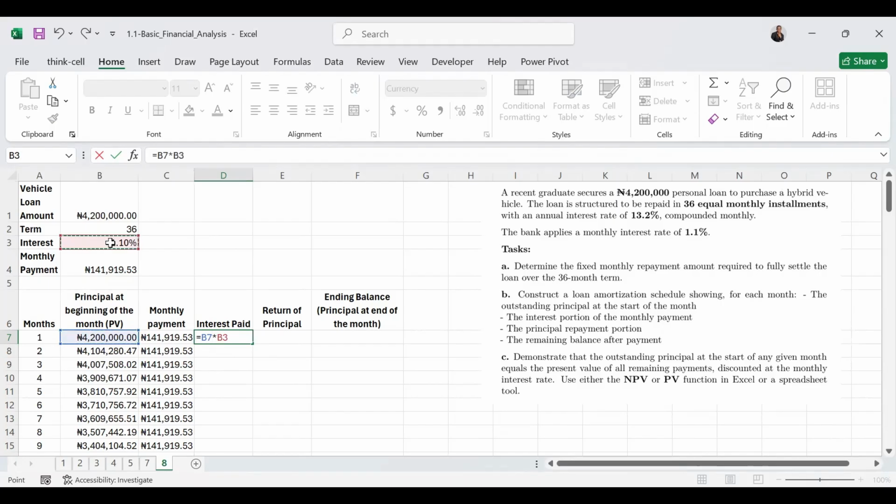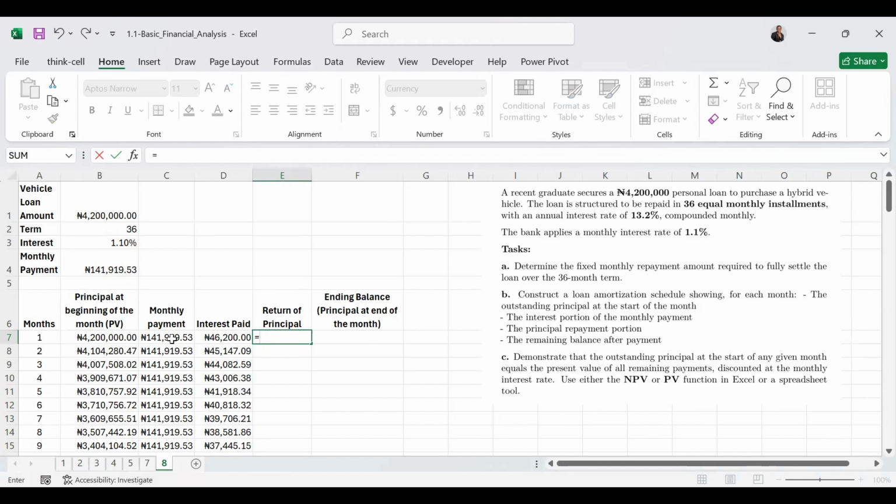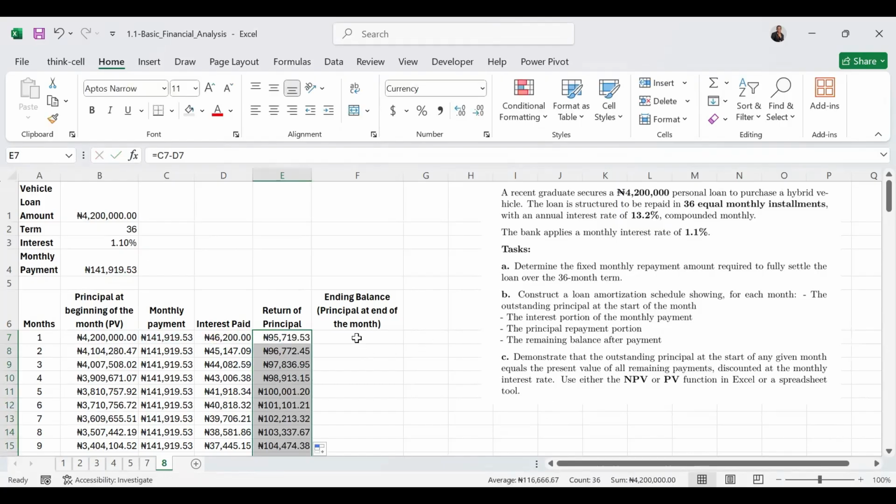So I'll make this interest rate absolute, and then copy down. My return of principal will be my monthly payment minus my interest paid. So I will say C7 minus D7. I'll also copy this down.